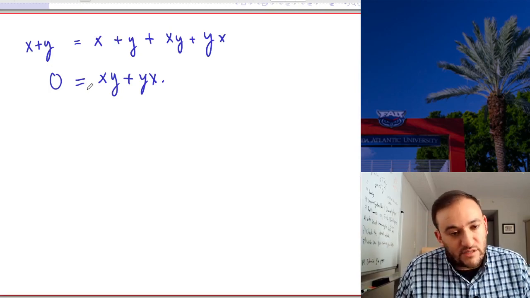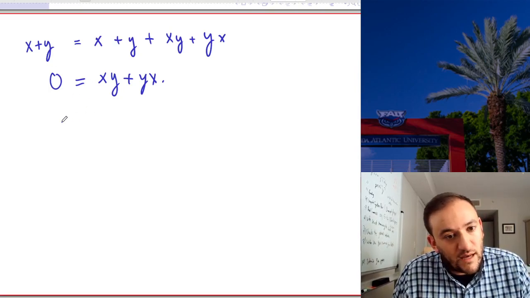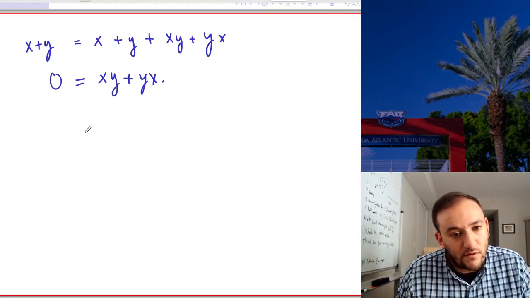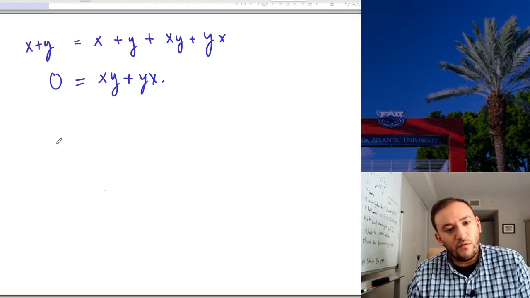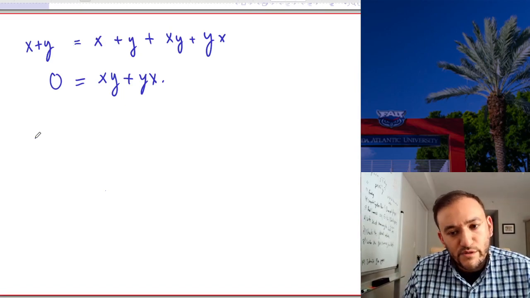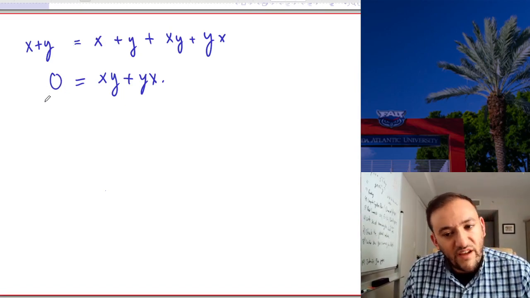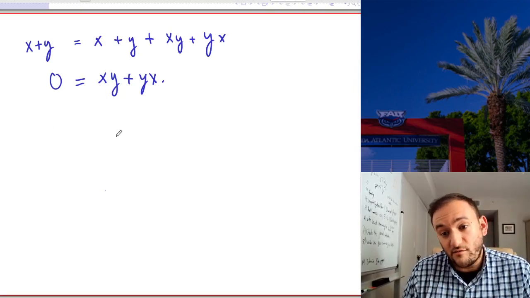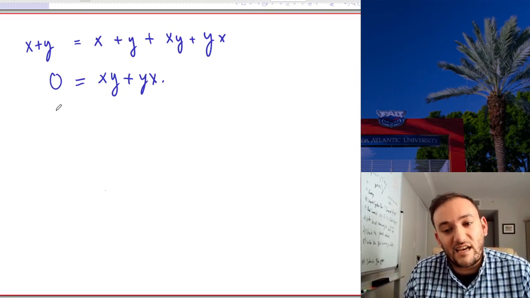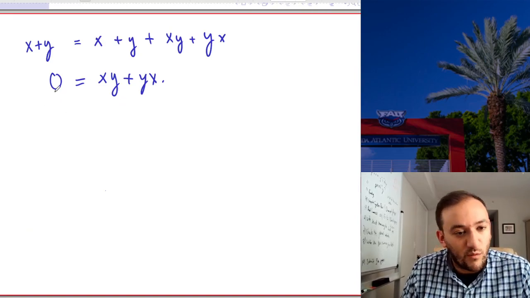This is interesting. We're going to use the fact that this is equal to 0 to multiply both sides; the left-hand side will still be 0, but the right-hand side will end up changing.